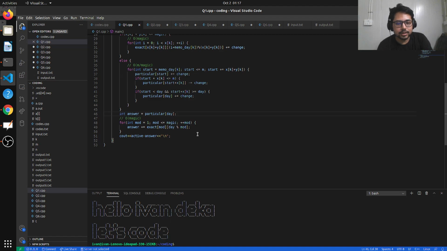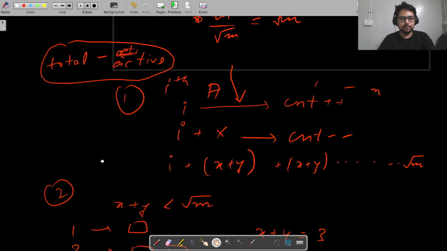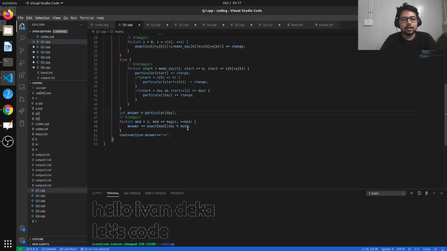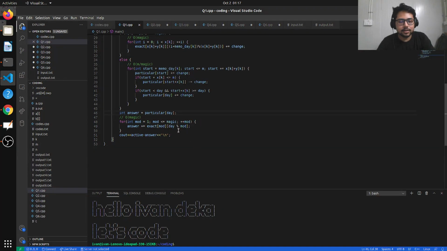For that, we just do a simple for loop over all the elements from 1 to root m, and see what value we get for that day percentage mod. Finally we give out the answer as active minus answer.